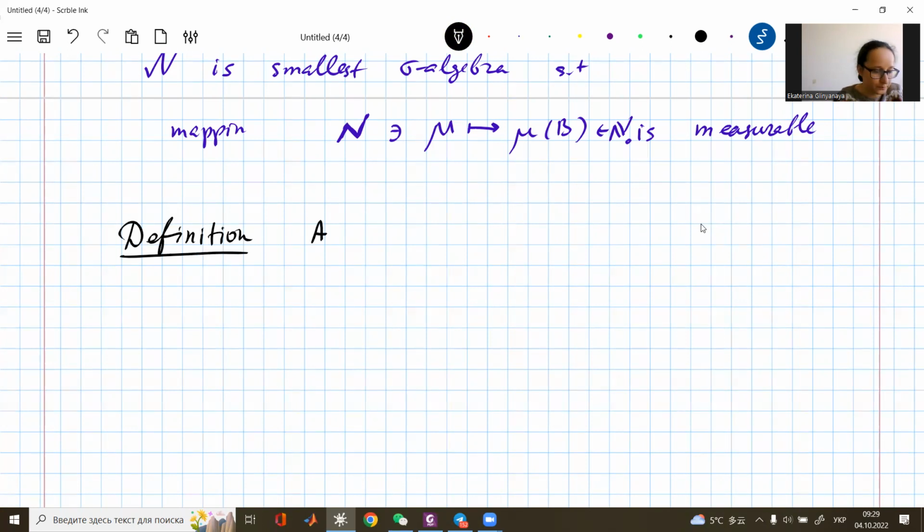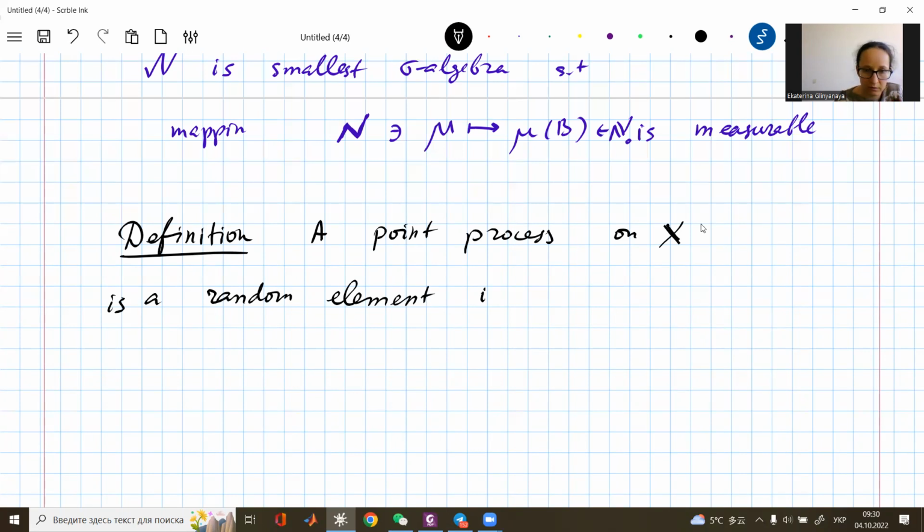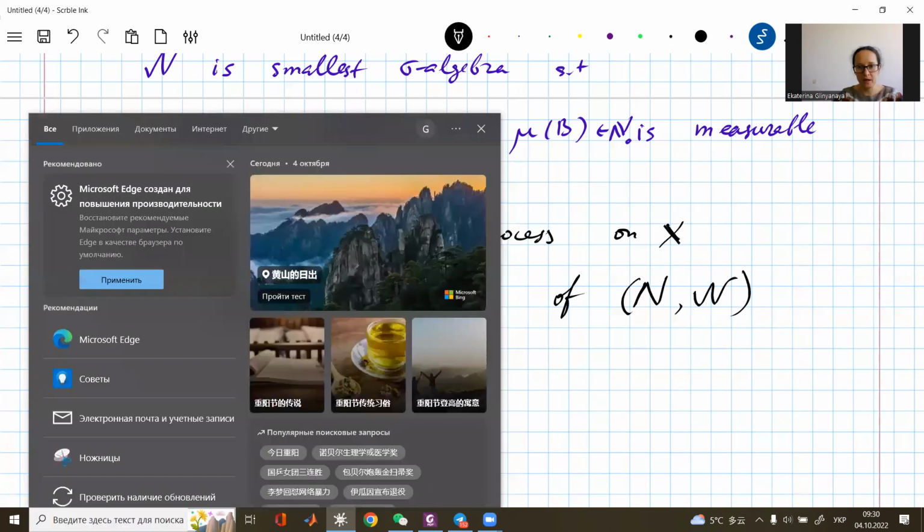A point process on X is just a random element eta of the space that we defined, N. Here, all the measurability is hidden in the words random element.